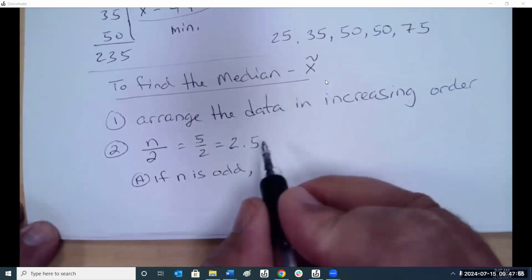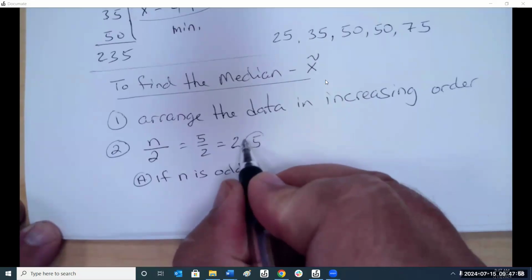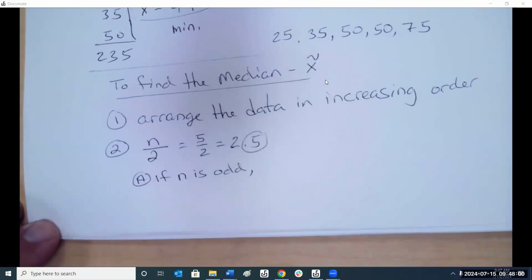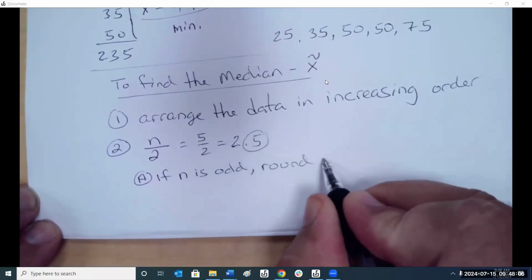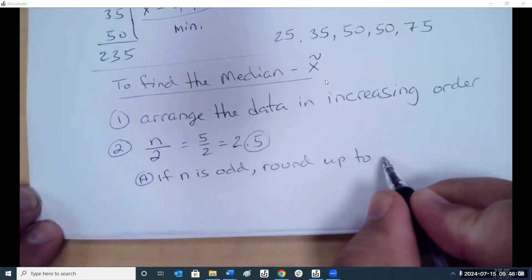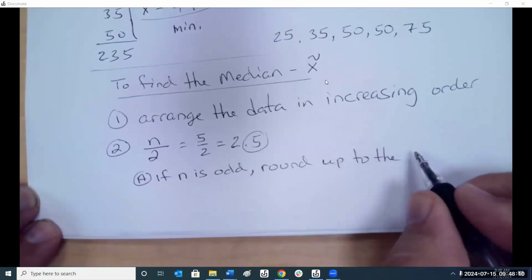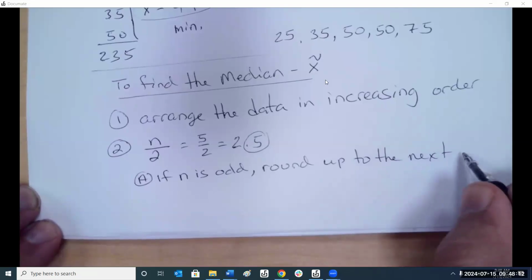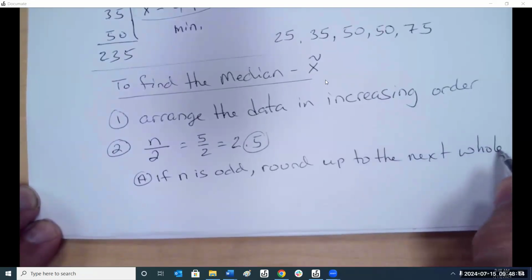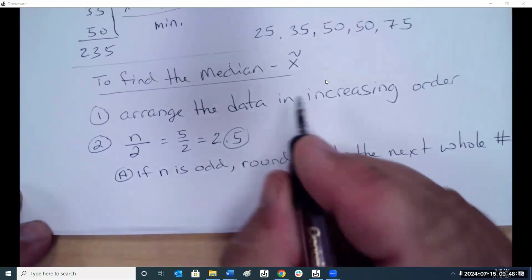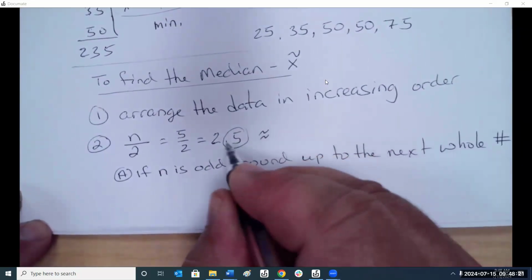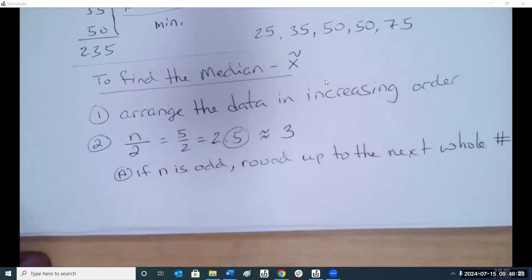If n is odd, you're always going to have a decimal in there, 0.5. So round up to the next whole number. So we're going to round it up to 3.